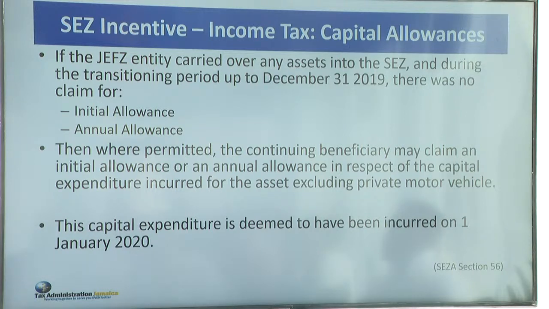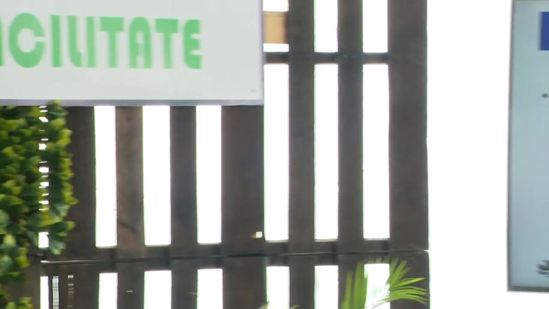The remaining incentives will apply for those who came in as new companies and for those who have now completed the transitioning process and are occupants or developers or single entities. So the first one is the profit derived from rental of property in the special economic zone to unconnected parties.